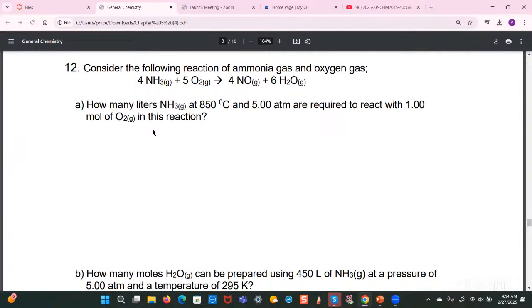Okay, so the volume, let's write that formula because yes, you're going to need that formula. So let's write that formula down. The volume is equal to nRT over P. Okay, so next step. Under what? I didn't hear that.